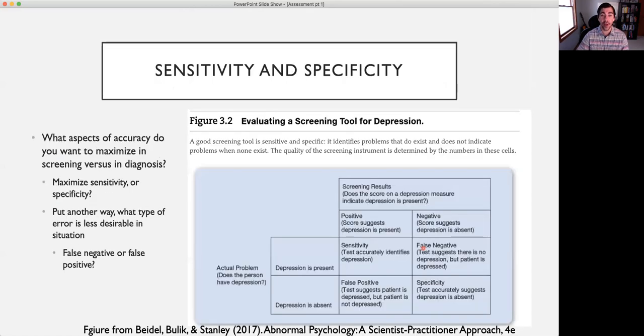And again, taking great pains to say it doesn't mean that you have generalized anxiety disorder if you score above a 10 on the GAD-7. It doesn't mean that you have major depression if you score a 3 or above on the PHQ-2. It means that you potentially have it. It means that it's more likely if you're scoring at that level. So how do we get that information?